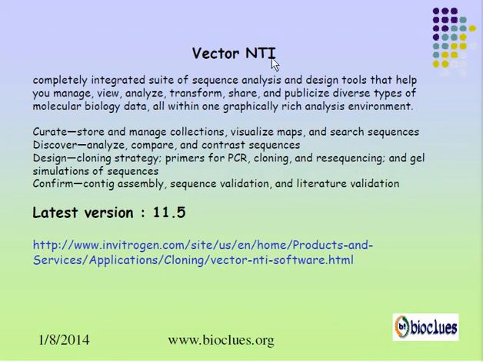Using the Vector NTI suite, we chose the PHB genes from the Alcaligenes genus. Now, PHB genes are the genes that produce biopolymers in a very low amount in Alcaligenes. So we took these genes from Alcaligenes and we inserted them into the starch gene of Ipomoea batatas, that is the sweet potato, and created a recombinant DNA.